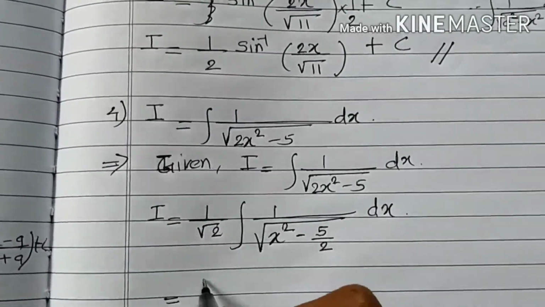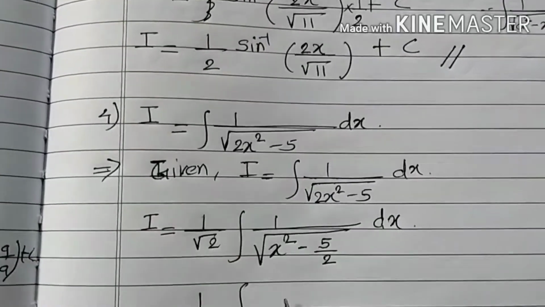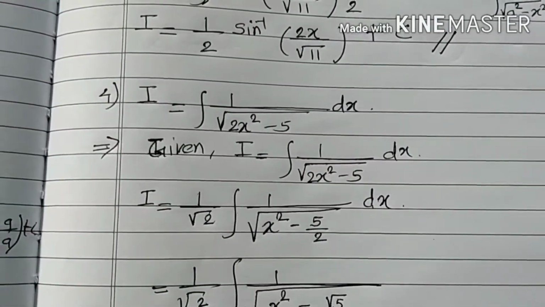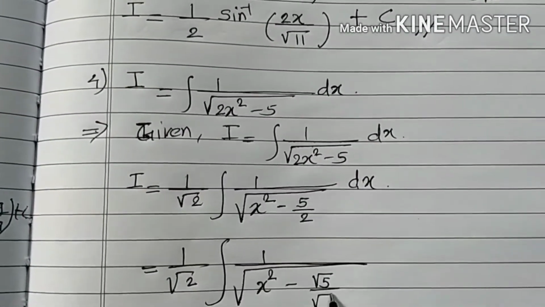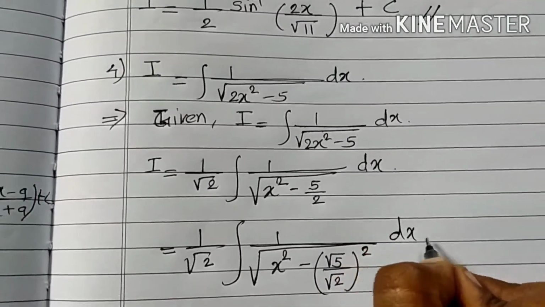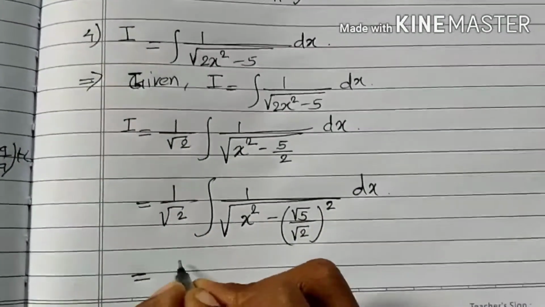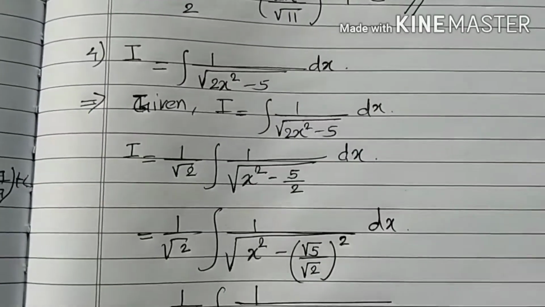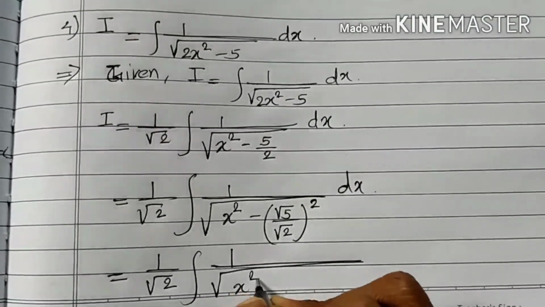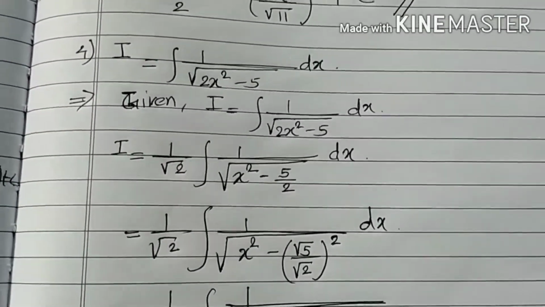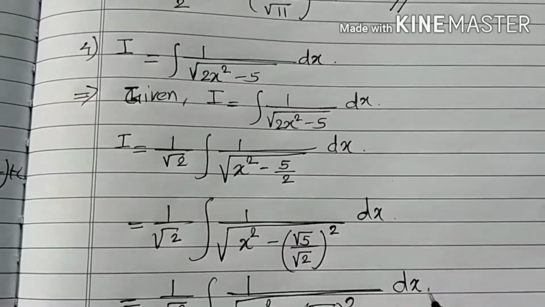Now check, it is the square, so write 1 upon under root of x square minus the square of under root of 5 upon under root of 2, whole square dx. So here you can write under root of 2 integration of 1 upon root of x square minus under root of 5 upon 2 whole square dx.